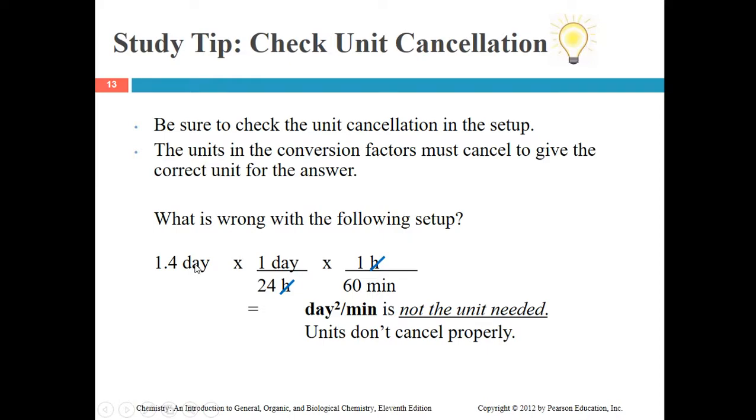Our labels that have not canceled out are day over minute. Well, days squared divided by minutes is not any unit that we use. So you know that if you don't get the right units at the end, you didn't do the problem correctly, and then it's time for you to go back and readjust something.